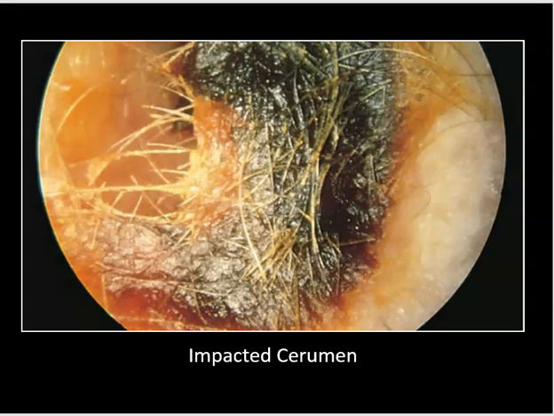It is a unilateral code, so if they do both ears, you need to put a modifier 50 on that code. Now, we also have 69210, which is also removal of impacted cerumen, but it requires instrumentation. There are lots of subsection notes below 69210. Make sure that you take a list or look at those codes.